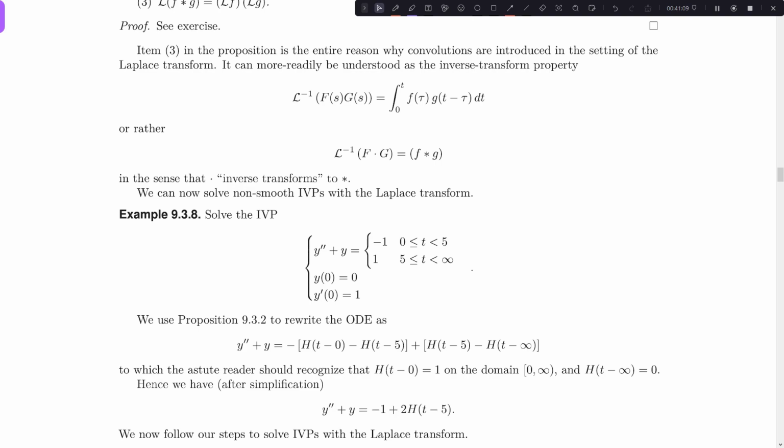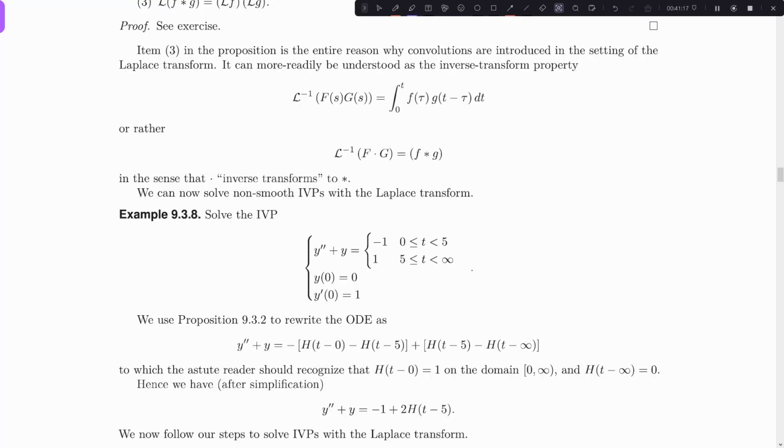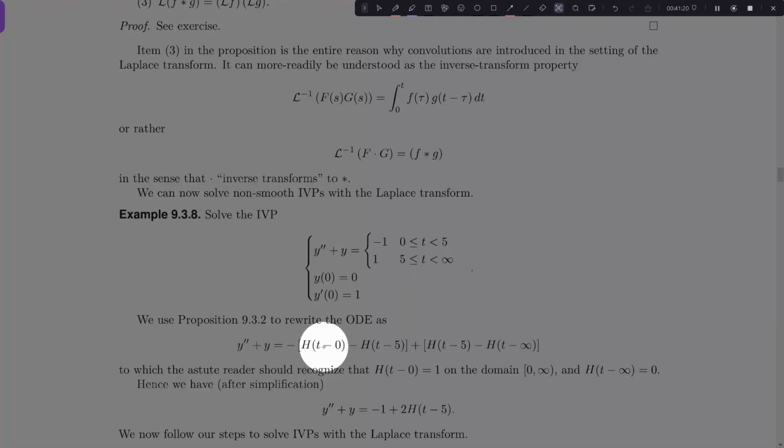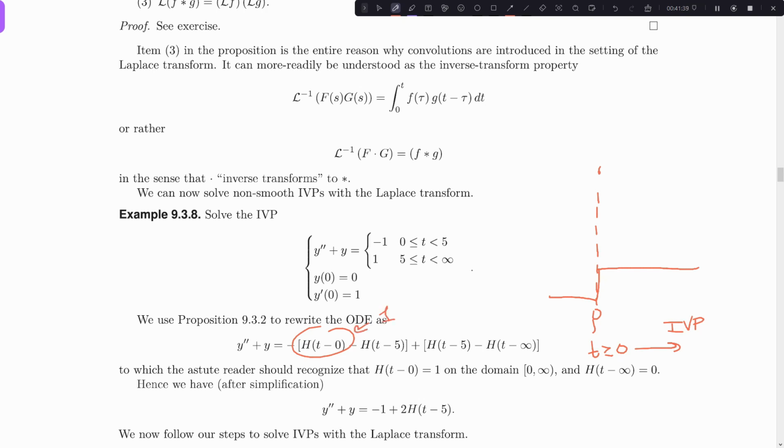But now I have y double prime plus y equals some combination of Heavisides. And actually, if I simplify this a little bit, the Heaviside at t minus 0, this is the function which bumps up right at 0, but the Laplace transform, and actually this entire function, is t greater than 0 because it's in an IVP. Right? So I'm only talking about the future, which means that this function is actually equal to 1.